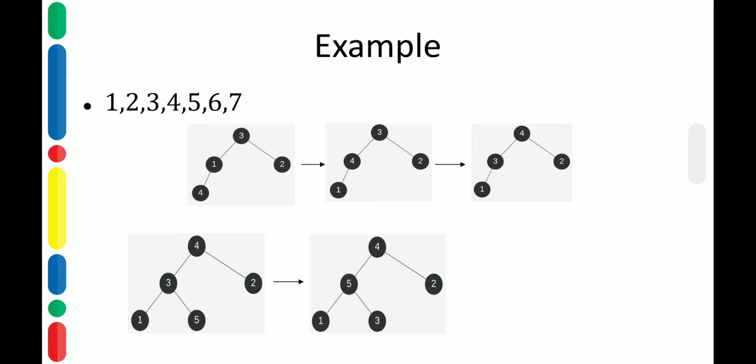There is an exchange because 3 is smaller. Again 5 is compared with its parent 4, which is smaller. So we exchange, where we get the resulting graph as 5 in the root, 4 as its left child, 1 the left child of 4, 3 the right child of 4, and 2 the right child of 5.